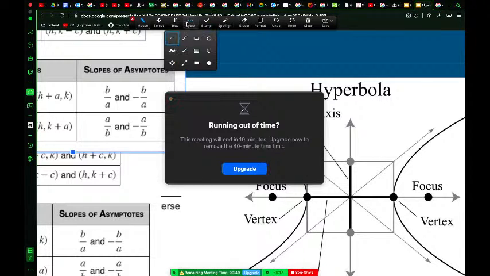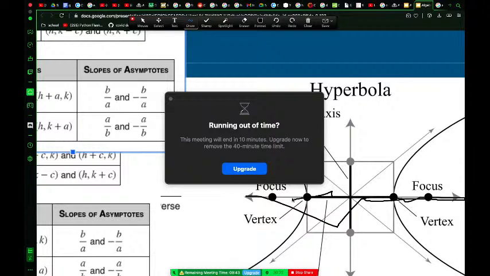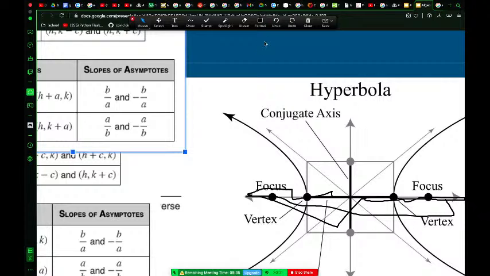Let me get my drawing tool. So it's this axis right here. I didn't mean to draw it like that, but this is the axis. Is that the transverse axis? Yeah, that's the transverse axis. So here, let me just scroll on my screen. This right here is the transverse axis line.